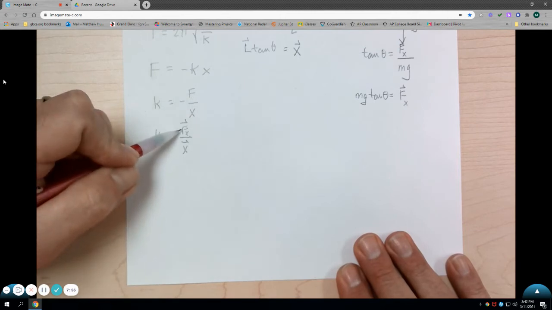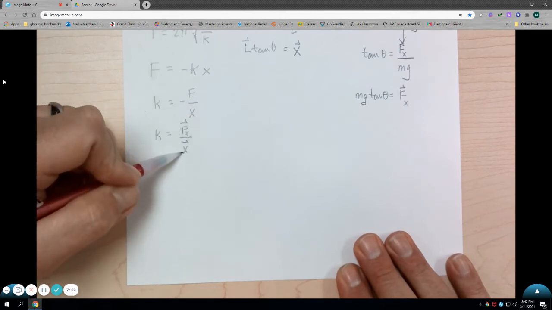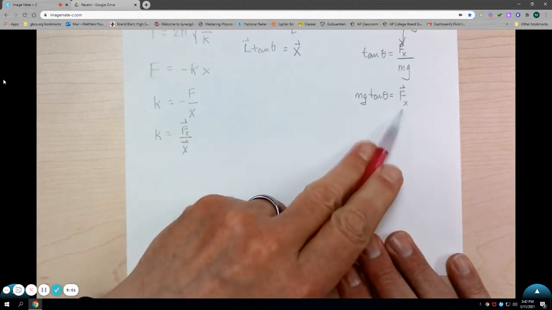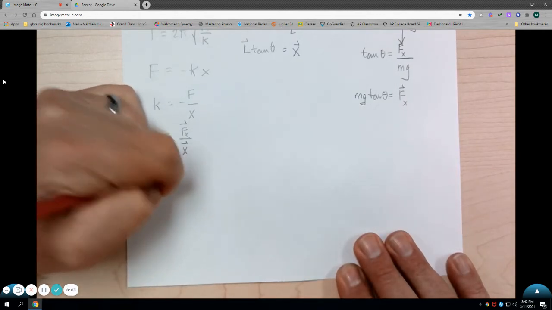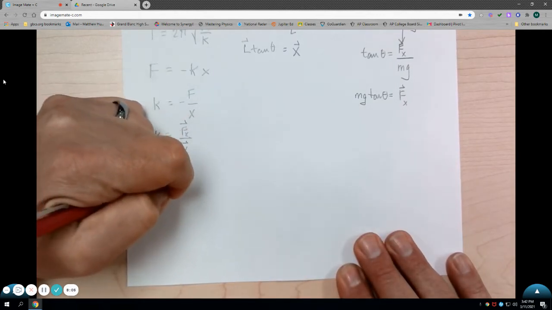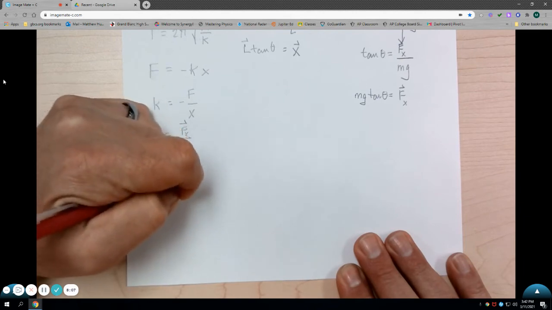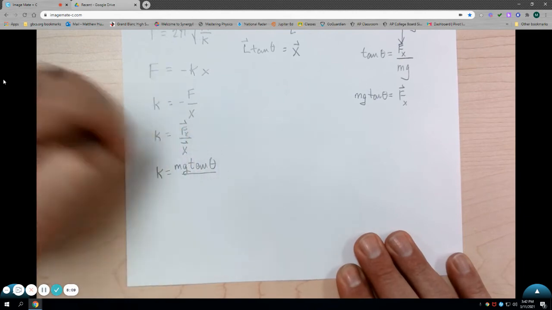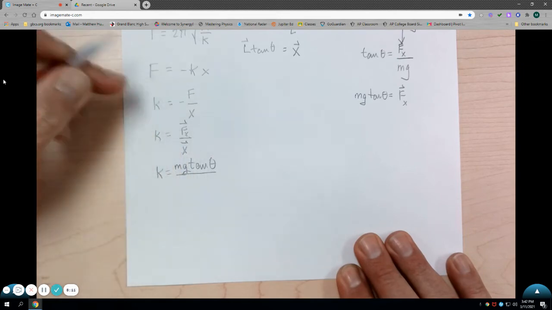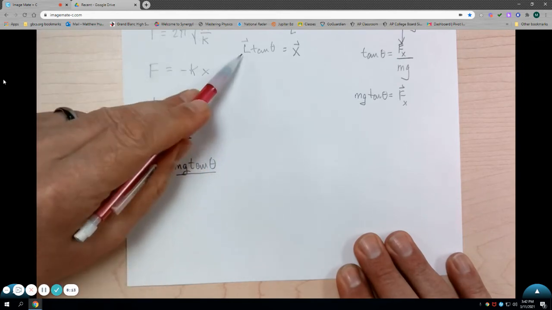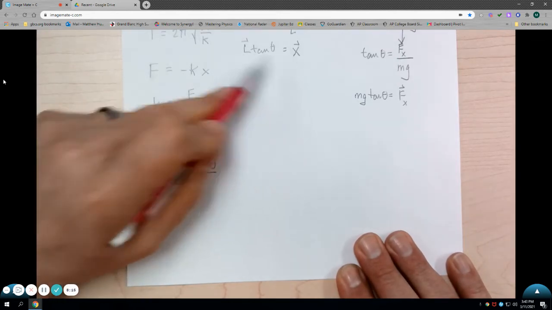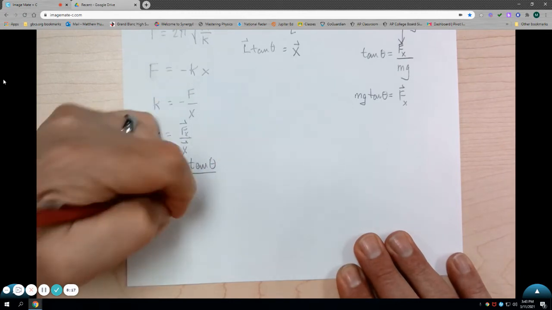K is equal to the restoring force over the displacement. And I know the restoring force is this, so let me just substitute mg tangent theta. And I know that x, my displacement, is equal to L tangent theta.